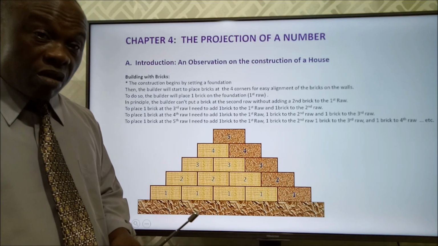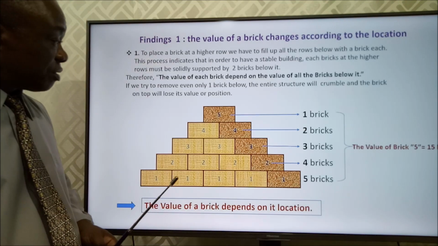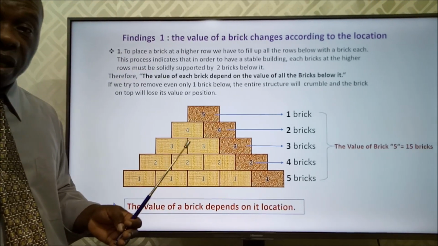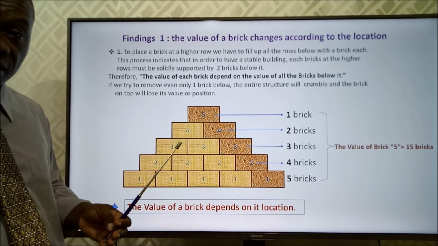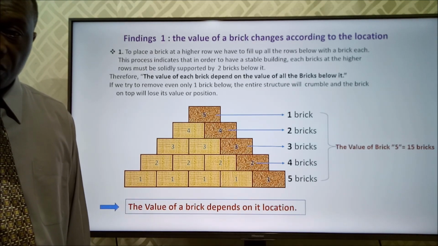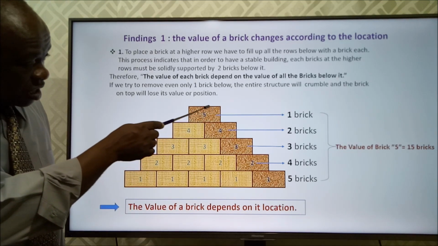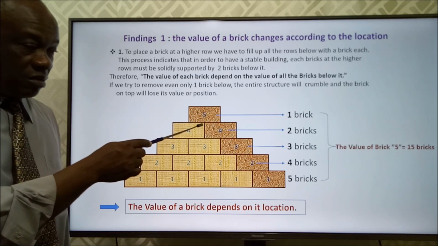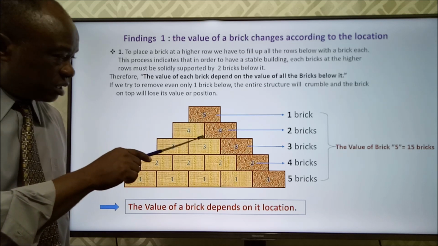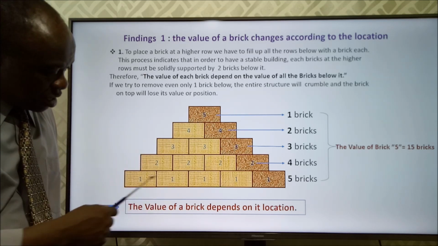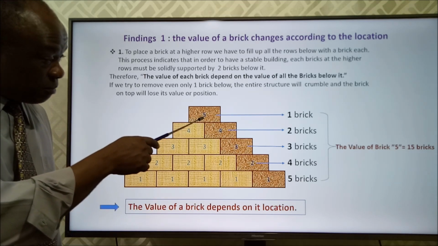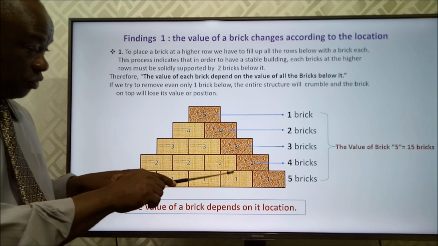Therefore, I came to realize that the value of a brick on the wall depends on all the bricks below it. It means you see the brick number 5 here. This brick cannot be there without all these bricks below. So number 5 is supported by all of these bricks.